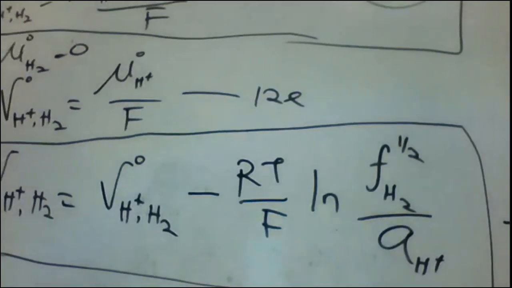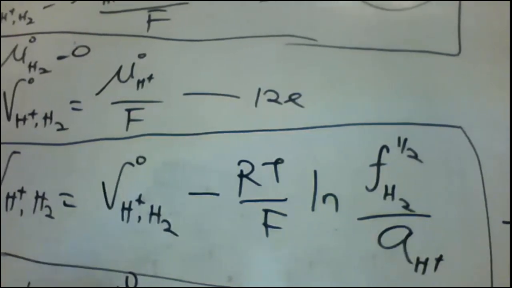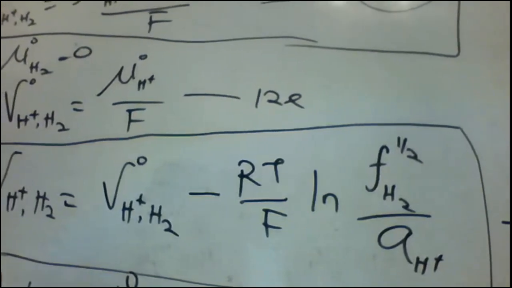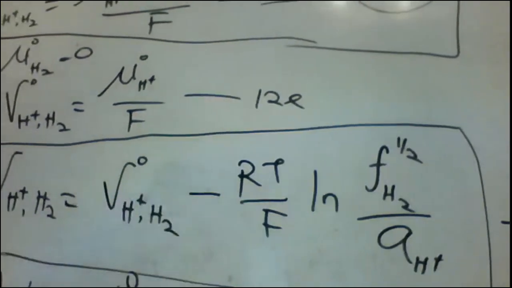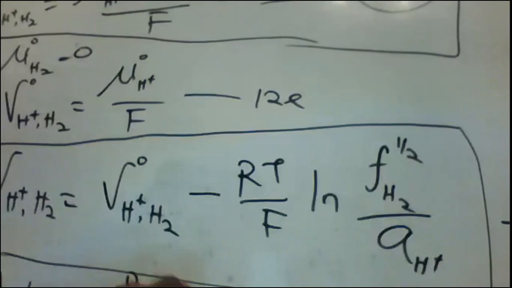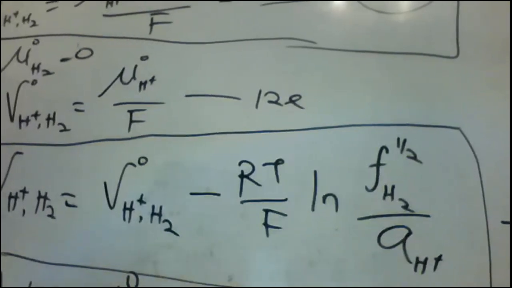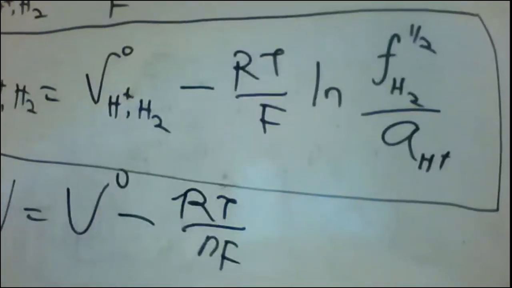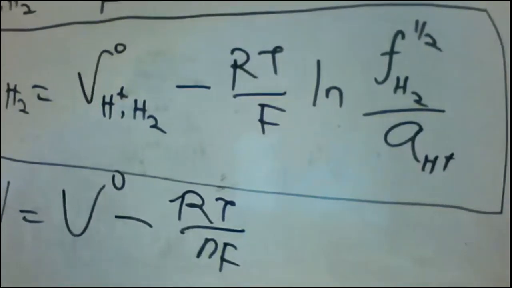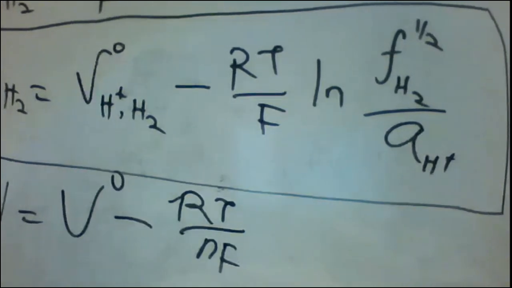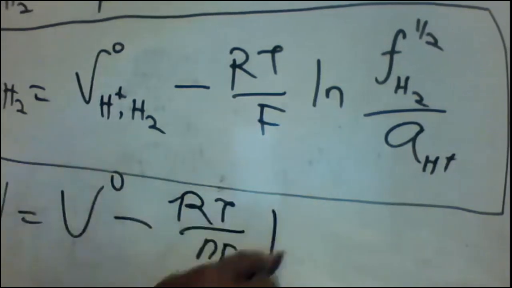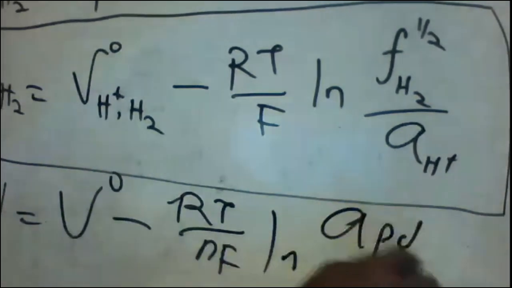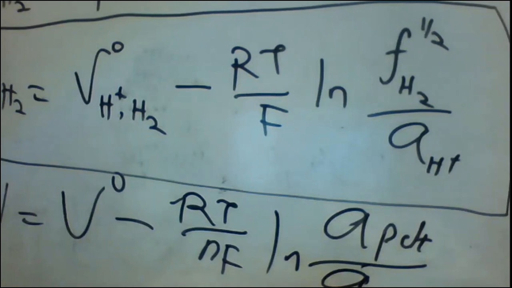So generally, the Nernst equation is V equals V naught minus RT over nF. Remember that n for hydrogen is 1, the electron number for hydrogen is 1. So it is RT over nF ln of the activity of the product over the activity of the reactant.